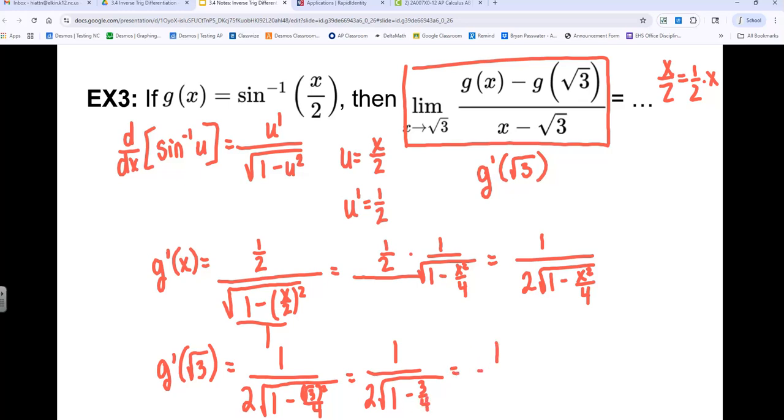That is going to be 1 over 2 square root of 1/4. What's the square root of 1/4? Not 1/16, 1/2. Square root top, square root bottom. Square root of 1 is 1. Square root of 4 is 2. And so we actually just end up with 1 as our answer.